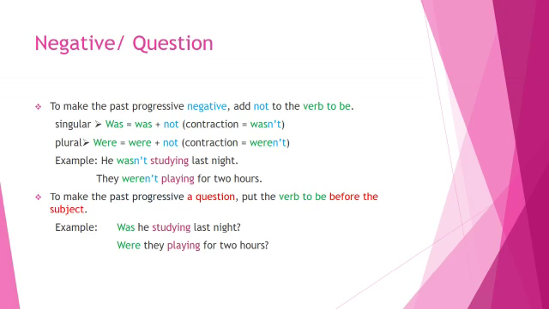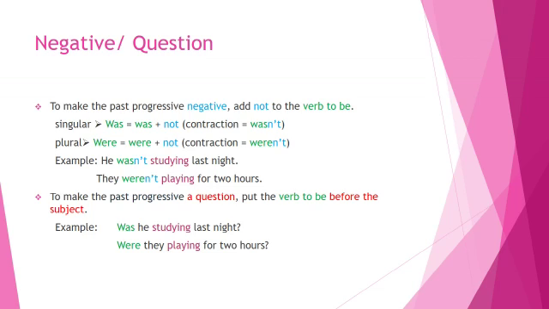If the subject is plural, we use were, so were plus not, its contraction is weren't. It means we can use was not or its contraction wasn't in the sentence. For example, he wasn't studying last night, or he was not studying last night. But for hearing, it's better to use the contraction. They weren't playing for 2 hours.